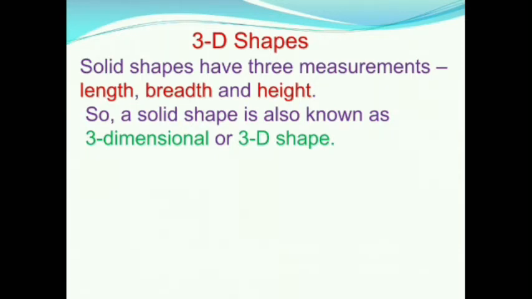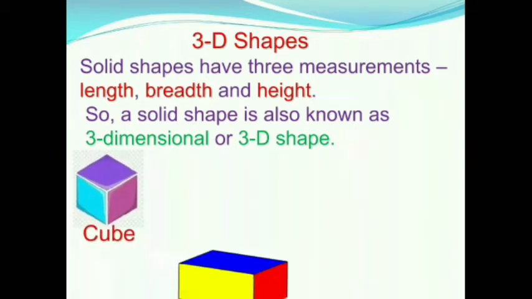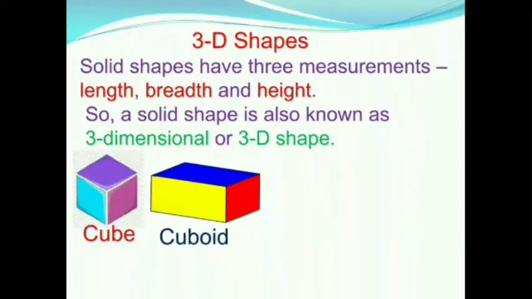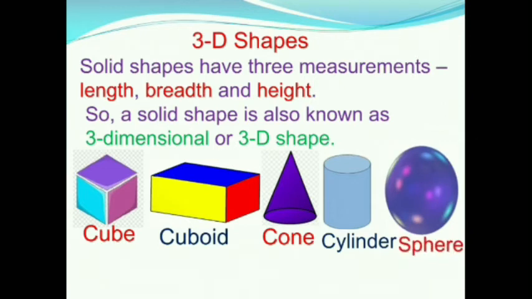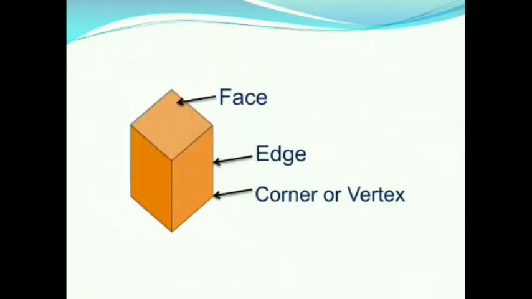Now we will learn about 3D shapes. Solid shapes have three measurements: length, breadth, and height. So a solid shape is also known as three-dimensional or 3D shape. In this class, we will learn about cube, cuboid, cone, cylinder, sphere. 3D shape has three main parts.